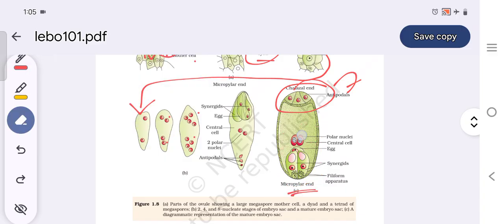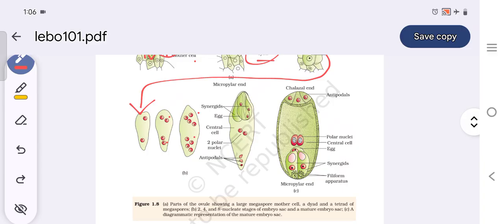Wherever you have the micropylar pore or the micropylar end, that is where you have the egg cell. That is very important. So if you draw the micropyle towards this end, the egg cell should be here. Then you have the filiform apparatus which guides. These finger-like projections are called the filiform apparatus.